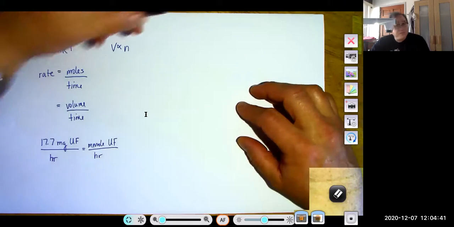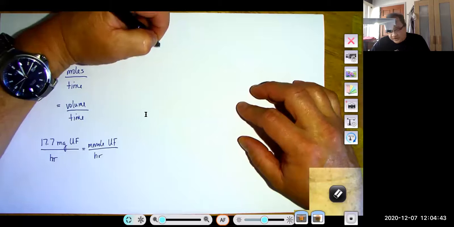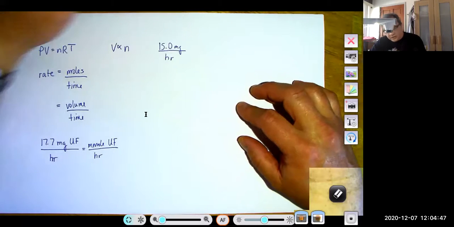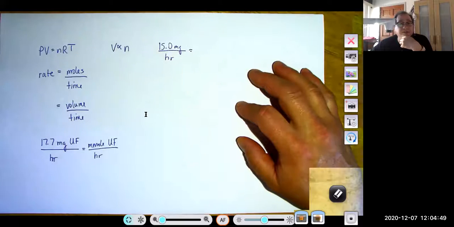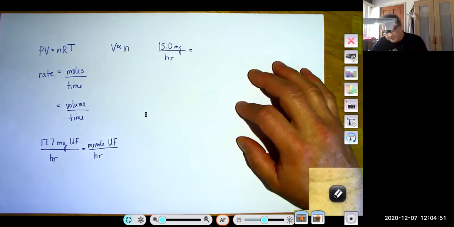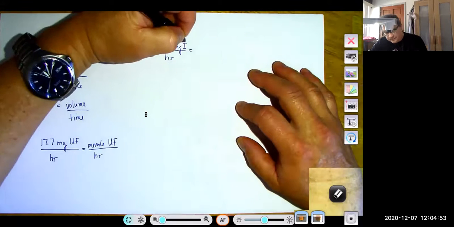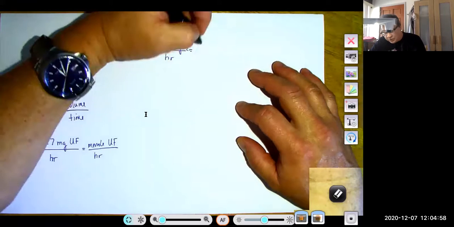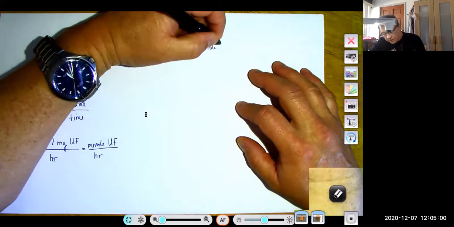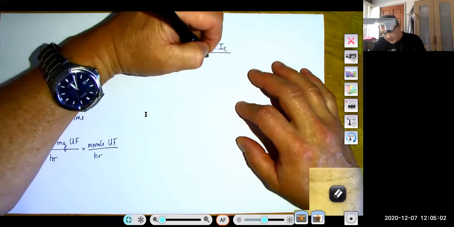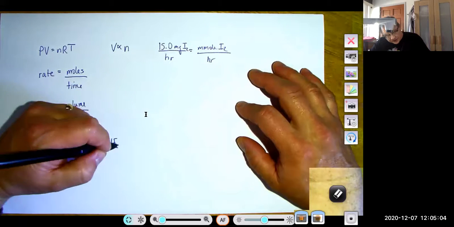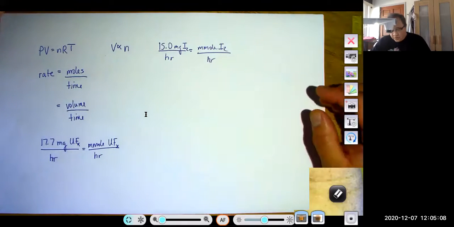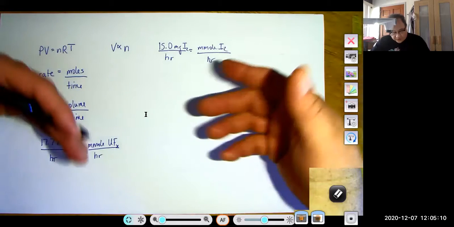Now, also, when you have 15.0 milligrams per hour for I2, you want to turn that into millimoles of I2 per hour. And here, I'm going to put a little X next to the fluorine because we don't know what it is. Okay, so this is what we need to do.